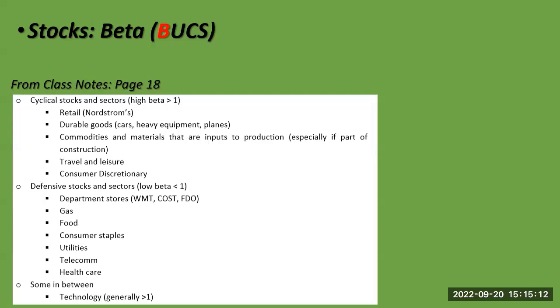So high gas and food prices tend to be recessionary, because we have to keep buying those things, so we cut back on everything else. Food, and here I mean really from grocery stores, whereas up here restaurants could be consumer discretionary.